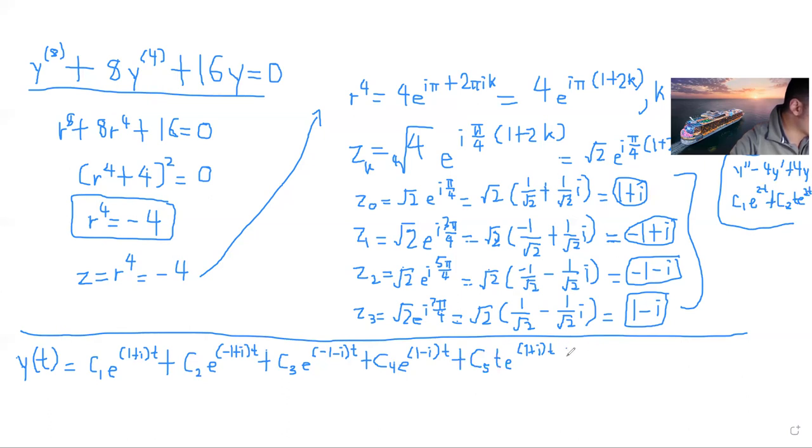Plus C6 t e to the power of negative 1 plus it, plus C7 e to the power of negative 1 minus it.